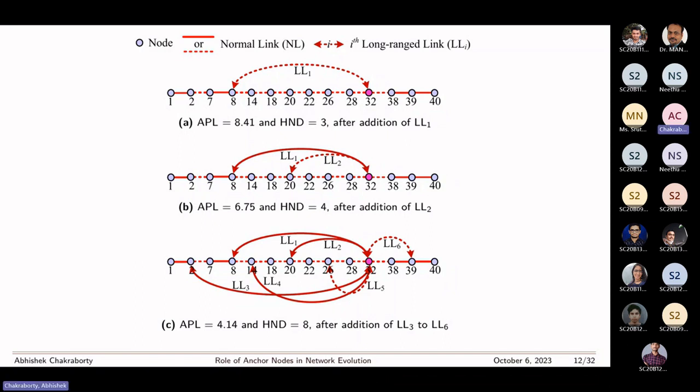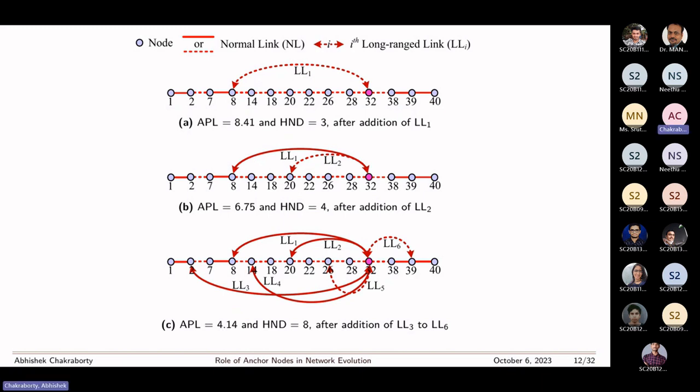So for APL for 40 nodes, it is almost 13 point something, nearly 14. With one link addition, it has come down to 8.41. Now when the second long link has been added, you can check that it is connected to node 32 and another node, but it is attracted to one of the nodes identified by the first long link.